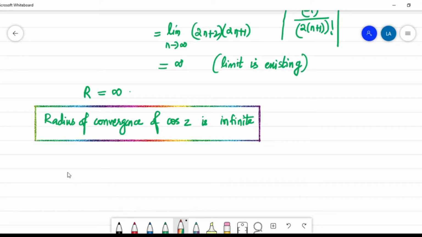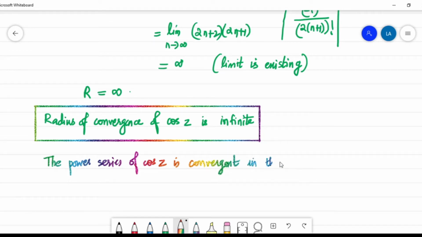Okay, so also we can say that the power series of cos z is convergent in the entire complex plane.